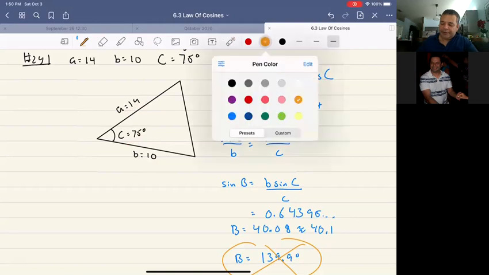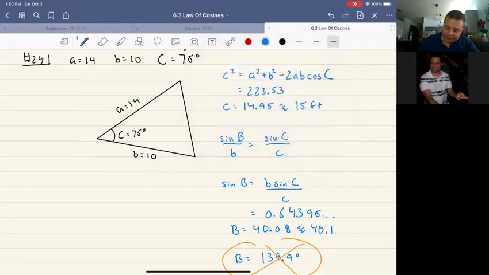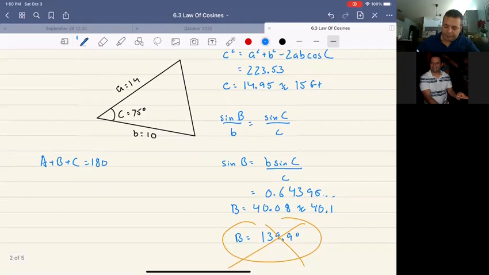Now to find A, we're just going to use A plus B plus C equals 180. A is what we don't know. B, we've determined, is 40.1, plus 75 equals 180.